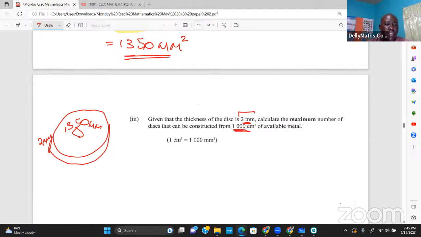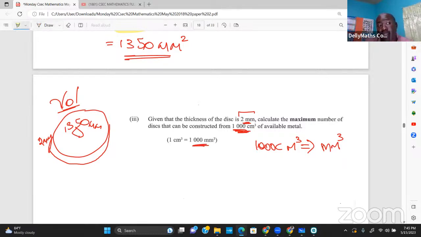Now, what I'm going to want to know is all the space that this will take up, the material that it will be using. So I'm going to find the volume of this when I'm ready. And after that, I'm going to convert this 1000 cm cube to mm cube. I need to change it. So I'm going to have to work with one unit.